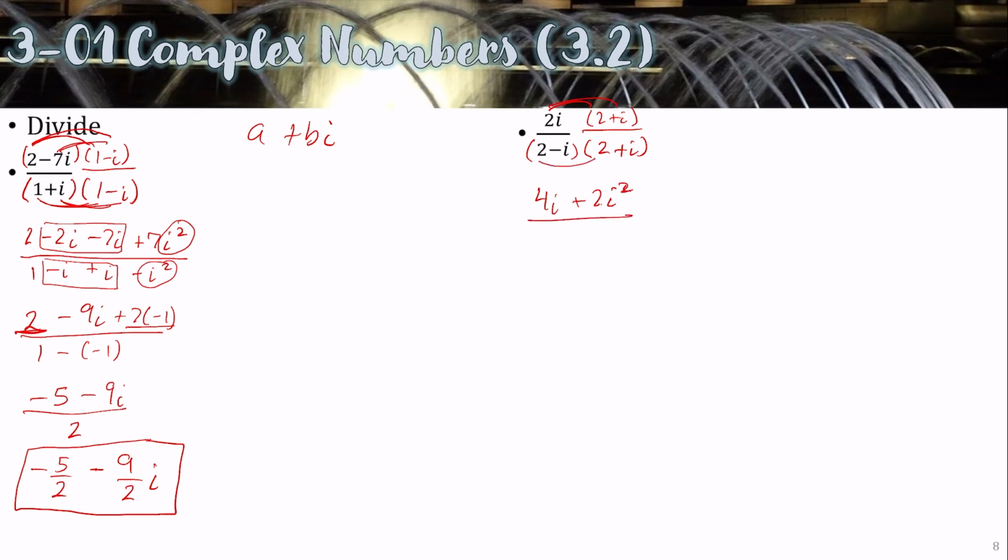The bottom will have 2 times 2, 2 times i, negative i times 2, and negative i squared. All right, remember i squared is a negative 1.